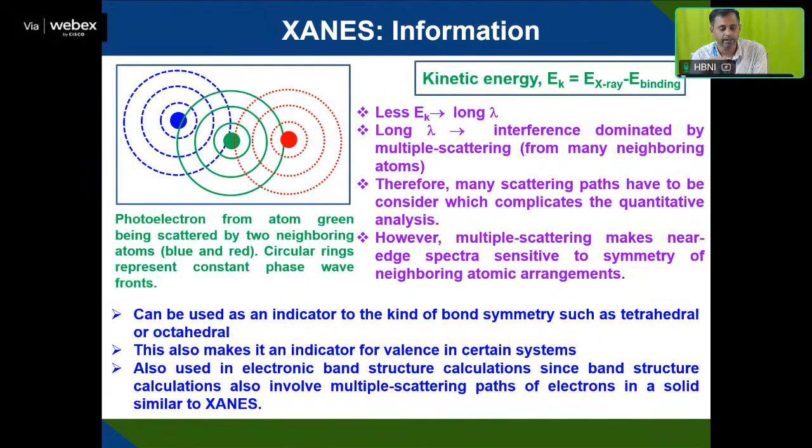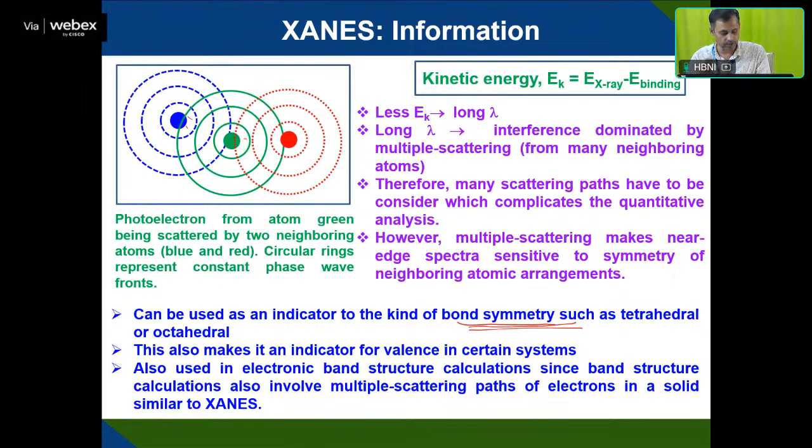So if you see what information you get from XANES, you can use it as an indicator to find bond symmetry, such as tetrahedral or octahedral. Like you have 3 atoms here that are interfering, vector interfering with each other. Because of this, you are able to get bond symmetry, such as tetrahedral or octahedral coordination, and how one atom is arranged with the different atoms.